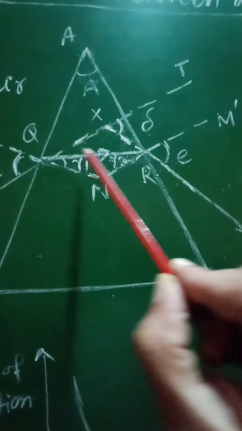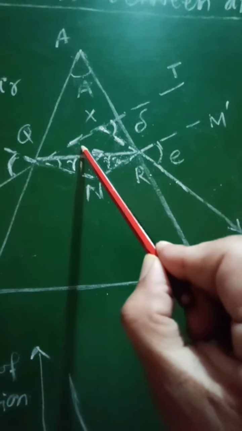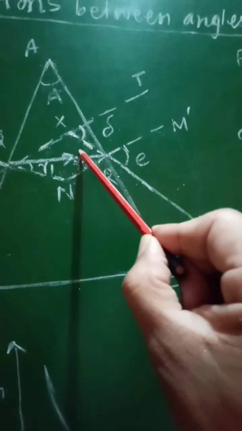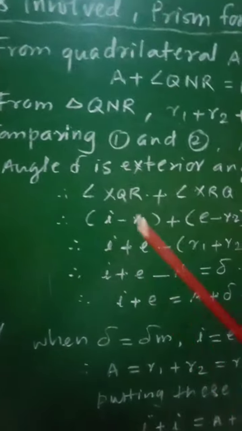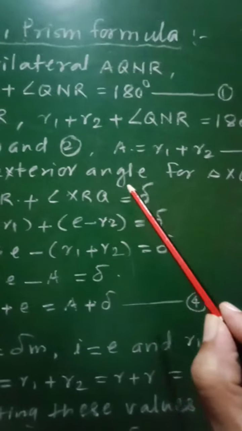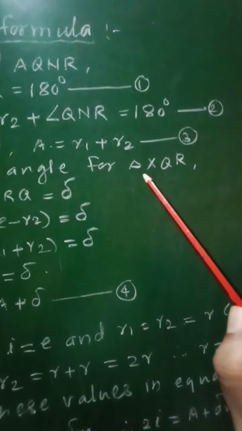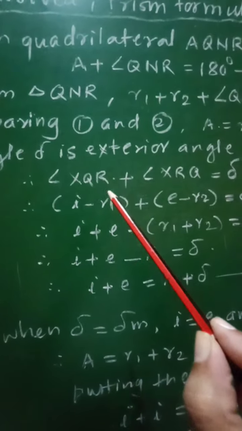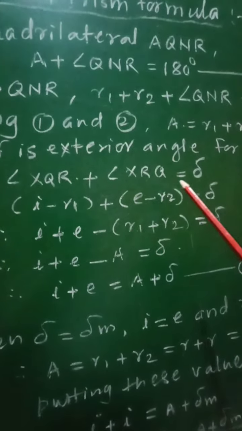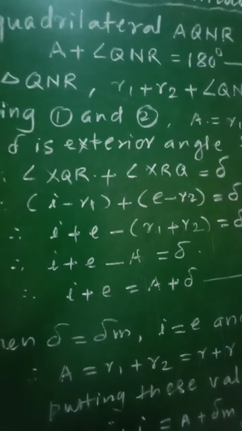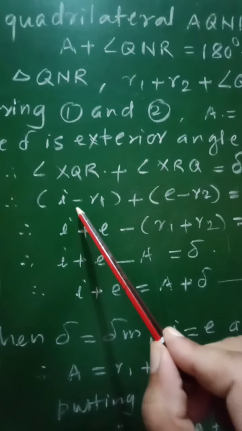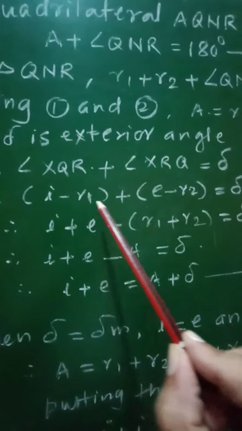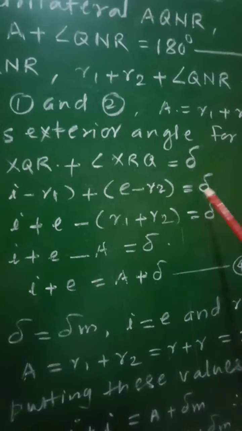But this XQR is equal to I minus R1 and this XRQ is equal to E minus R2. Therefore, as angle delta is the exterior angle for triangle XQR, angle XQR plus angle XRQ equals delta. Substituting the values, I minus R1 plus E minus R2 equals delta.